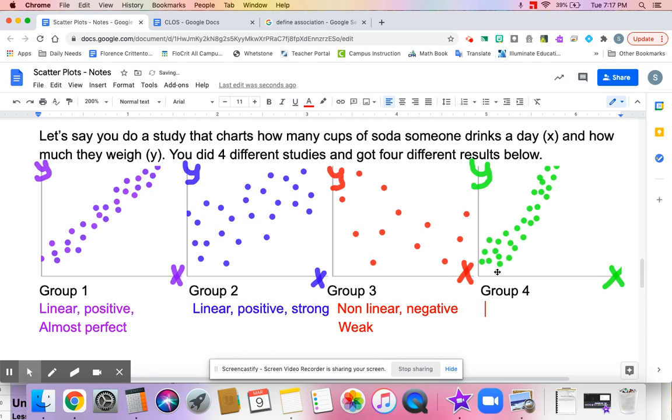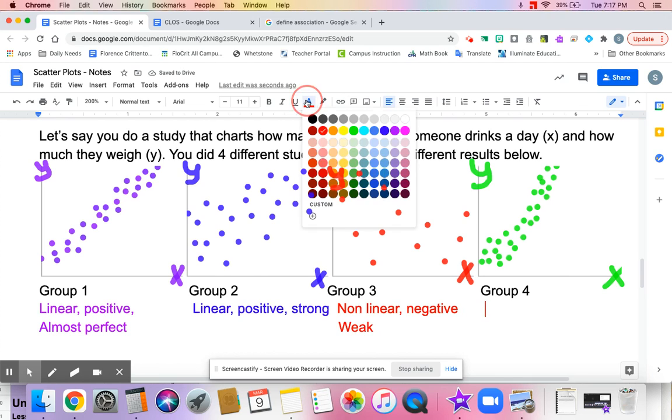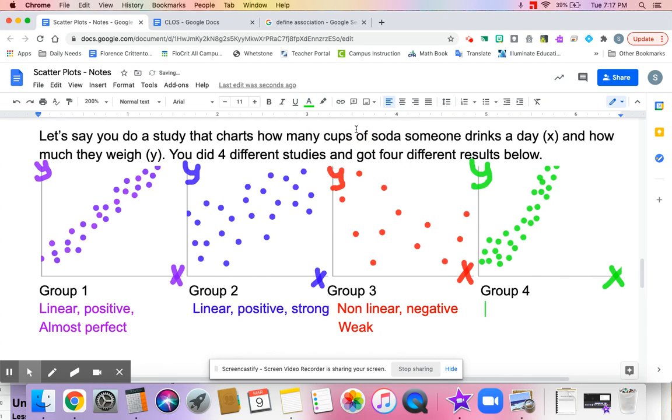Finally, for group 4, is it linear or nonlinear? This one's also not linear because it's definitely curving the data. Is it a positive or negative correlation? It's definitely positive because over time it's going up.